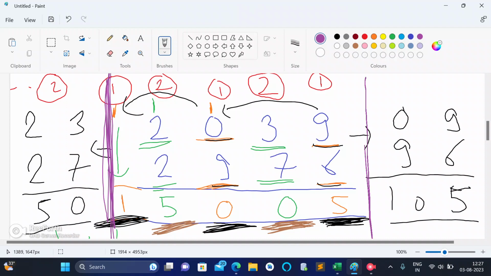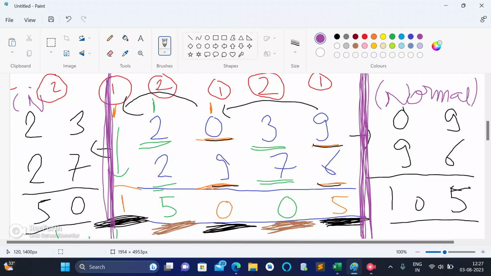The second observation we can make is, let's make the boundary. When finding the normal sum, I did not use a different method here. I found the normal sum, and here also I found the normal sum.